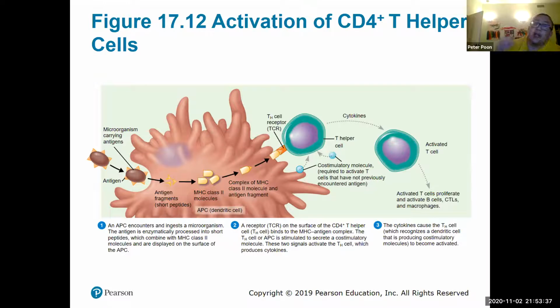That means there's a pathogen out there that I can kill. I have a job to do now, so I'm going to proliferate into a million little bits and activate cytotoxic T cells, which kill individual cells, and B cells, which make antibodies for the bloodstream, and then macrophages, because macrophages do their thing everywhere.